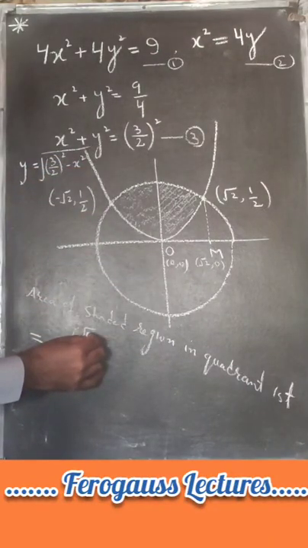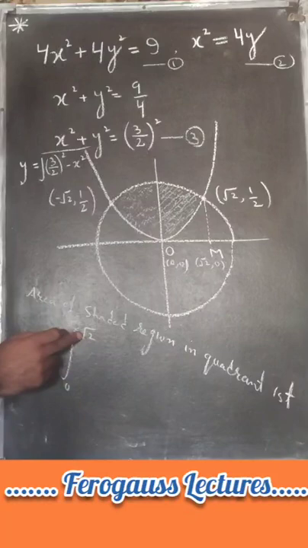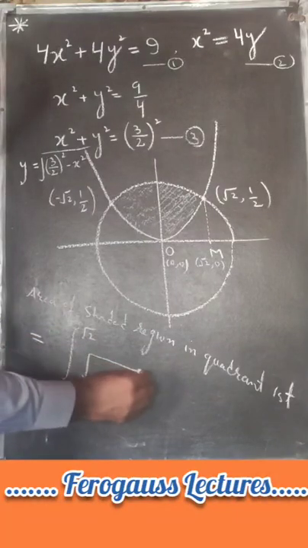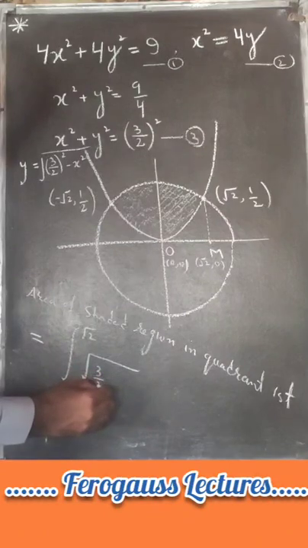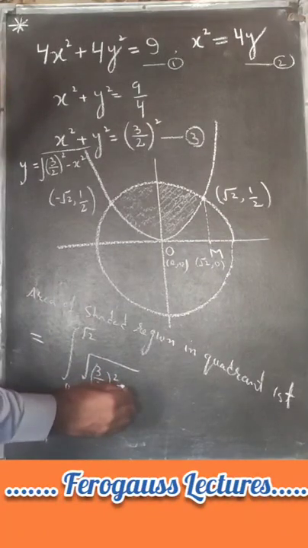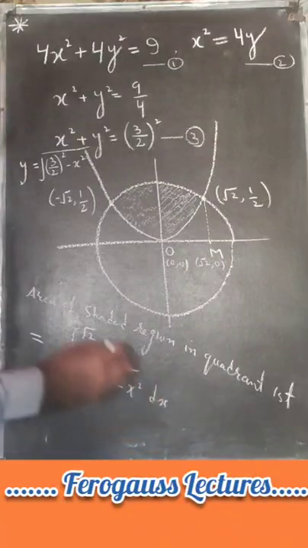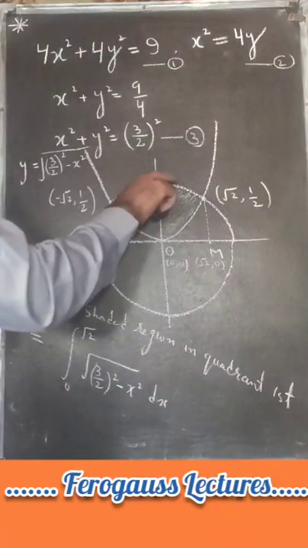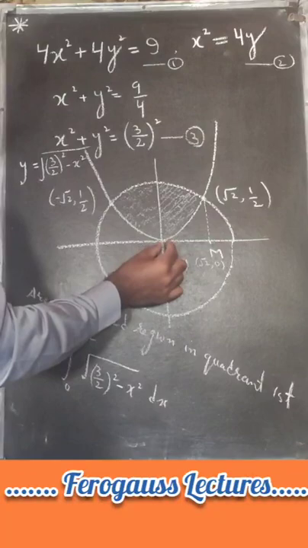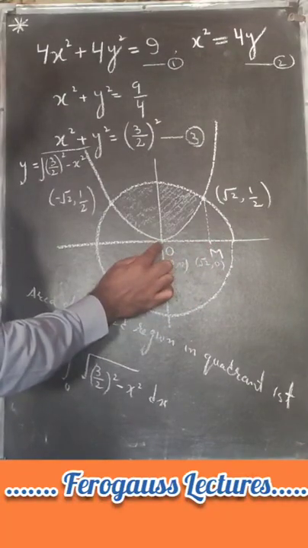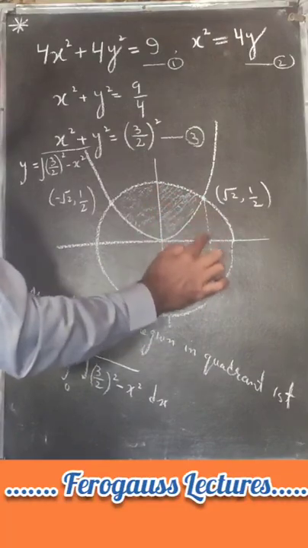So it is from 0 to square root of 2, and here instead of y we write square root of (3/2)² minus x² dx. So this is the area under the circle from 0 to square root of 2, or from the origin to M. That is this area.